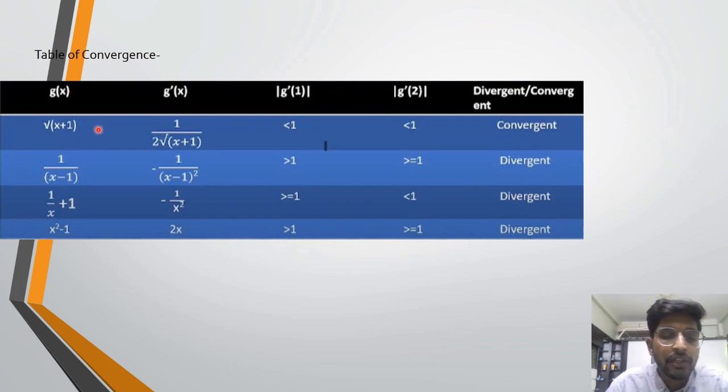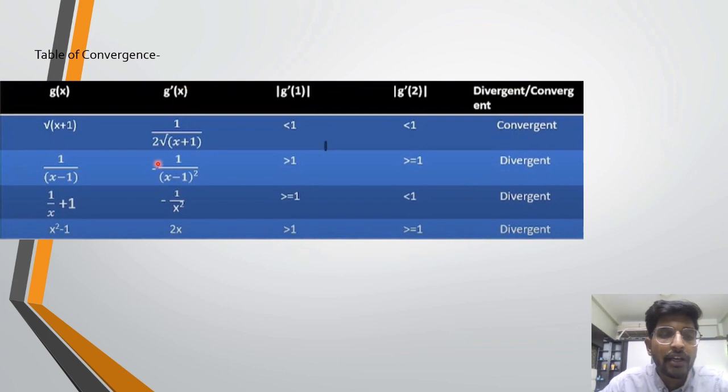In the table of convergence, both mod of g dash 1 and mod of g dash 2 are less than 1, so it is convergent in nature. In the second, third and fourth options, both values are not less than 1, so all these three are divergent in nature.